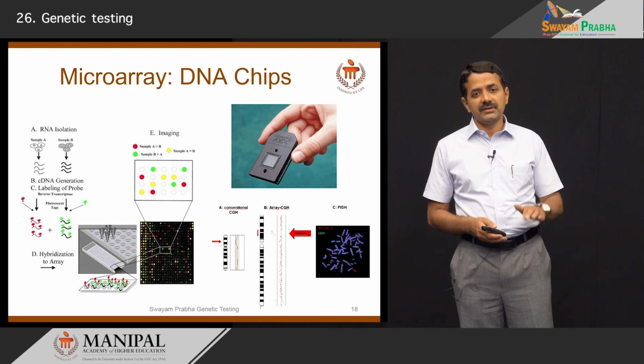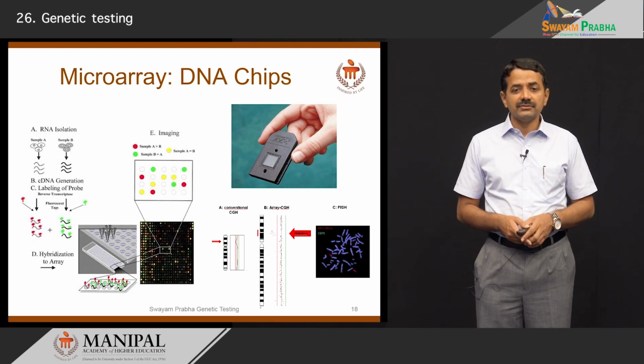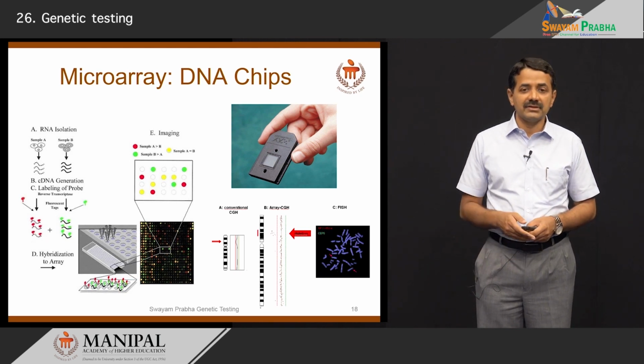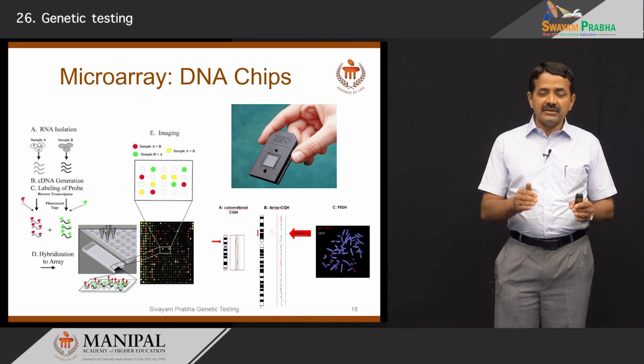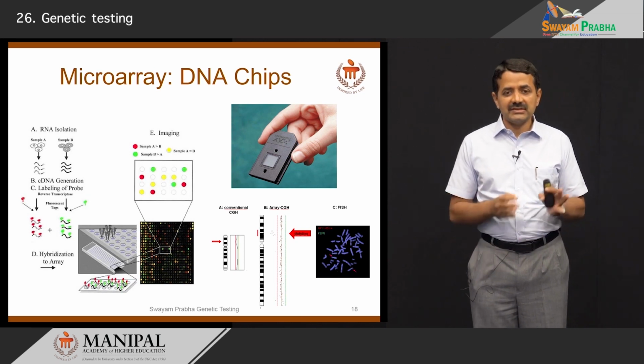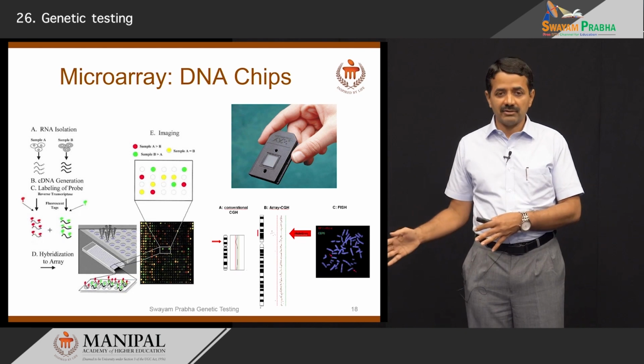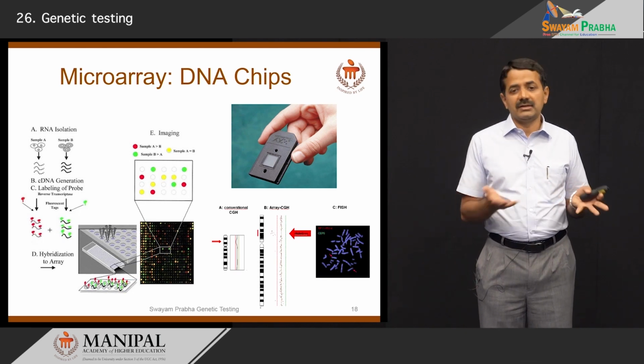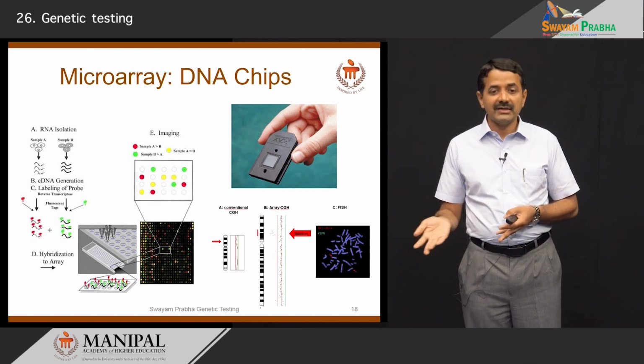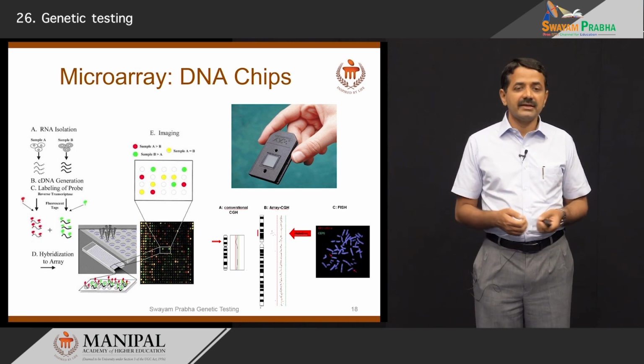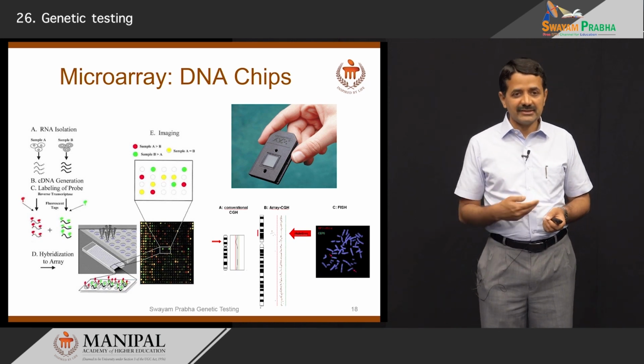This is one of the important tests which we use in the evaluation of children with intellectual disability. I would put it simply: this is a very high resolution karyotype. The karyotype can detect 400, 550 or 800 bands. This can detect a few thousand bands in a single experiment.